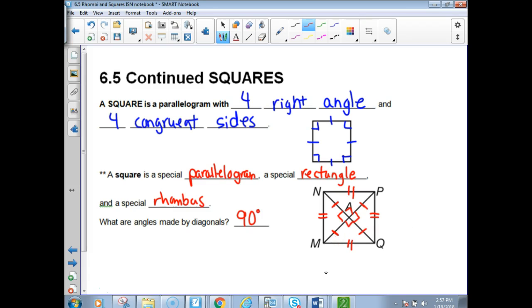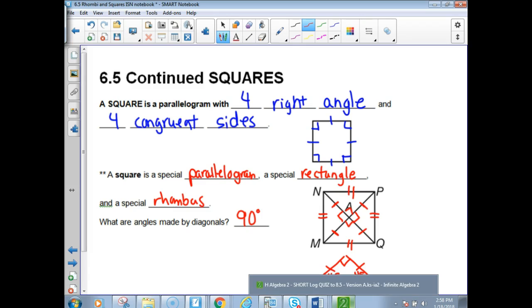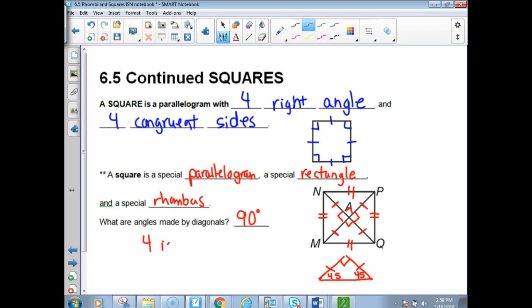Now, every one of these triangles is right and isosceles. And that would mean that these base angles are 45 apiece. So in this square, you have 4 isosceles right triangles.